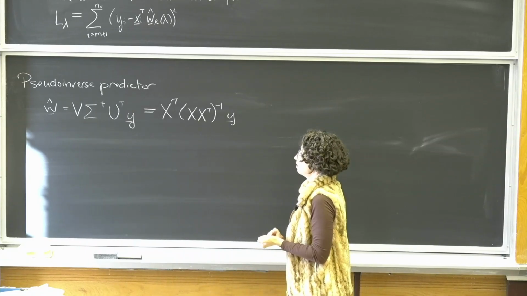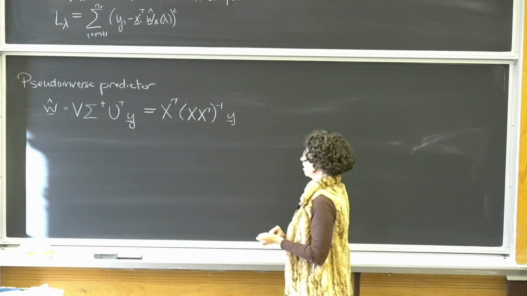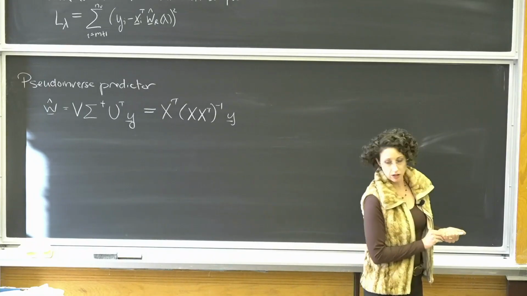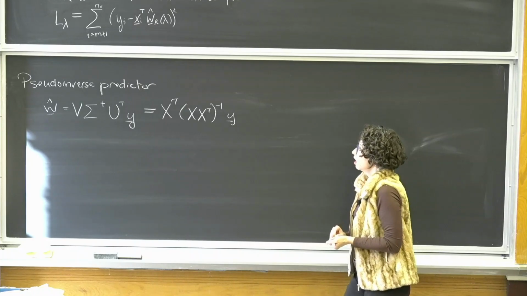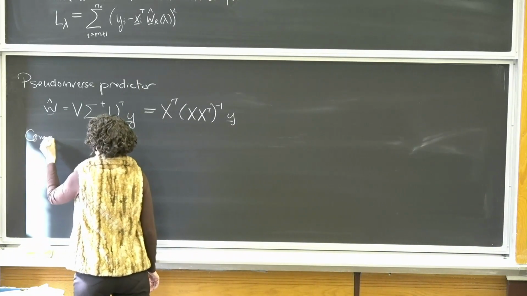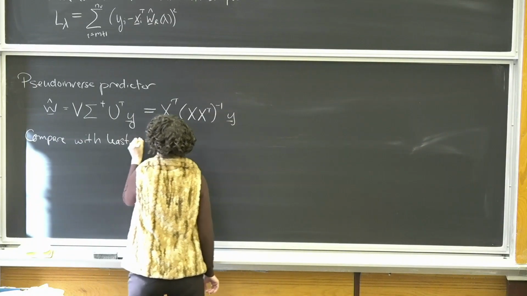So we can define the pseudo-inverse of a general matrix X using the pseudo-inverse of its singular value matrix, as I've described. I also want to compare this with least squares.